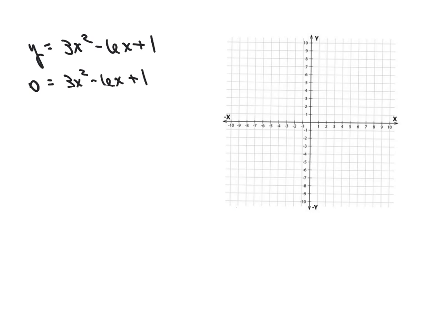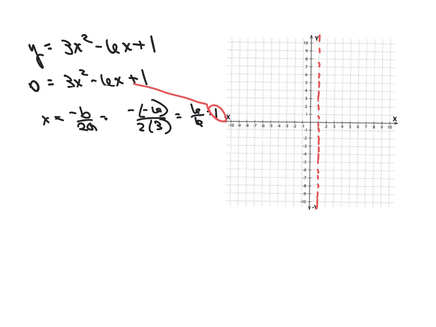So let's look for the vertex. The vertex is pretty easy. x equals negative b over 2a, which means it's going to be negative 6 over 2 times 3. So it's going to be 6 over 6, which equals 1. So I know my asymptote is going to be at 1. Then I take this 1 and put it back into the original equation.